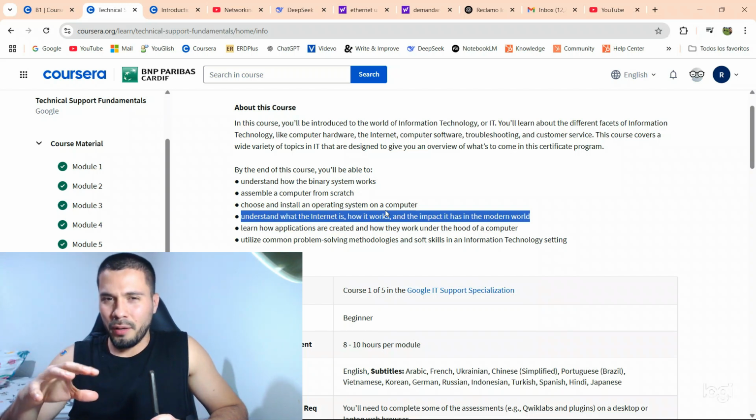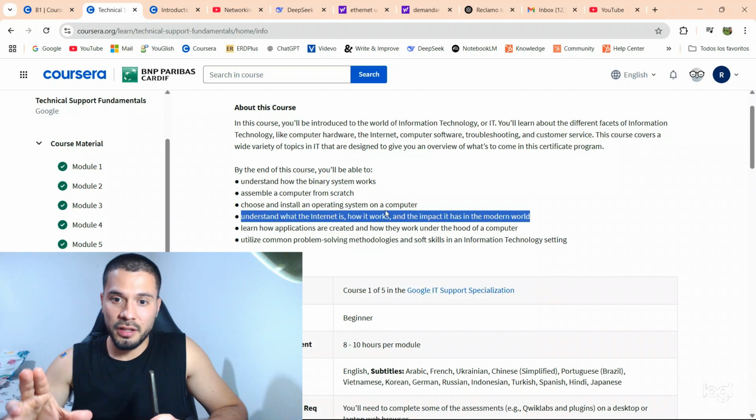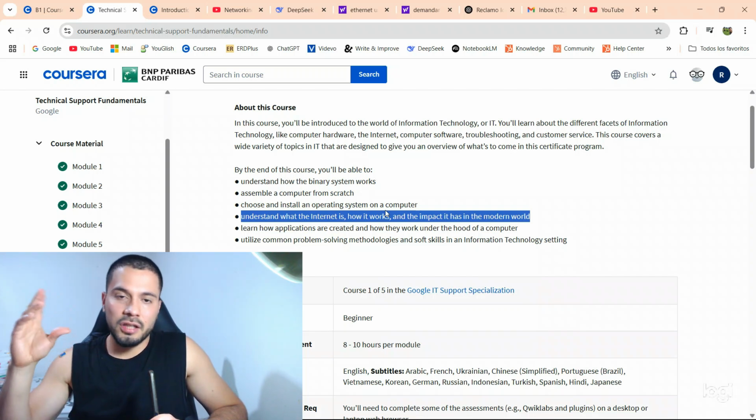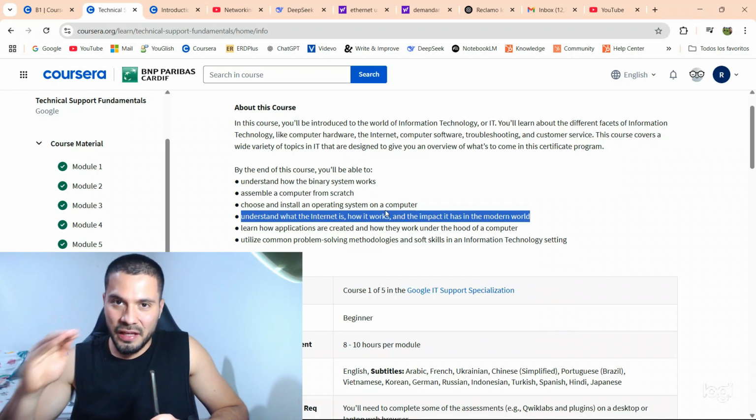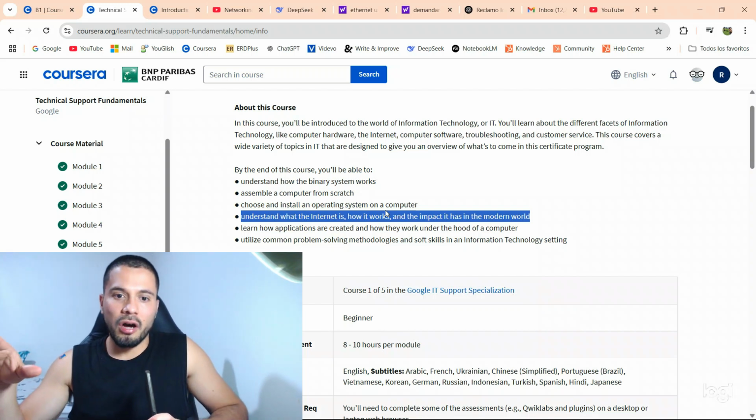It has evolved in just 40 or 50 years to what we have at the moment. It's pretty astonishing. All the data, all the information, we don't know how the internet works.